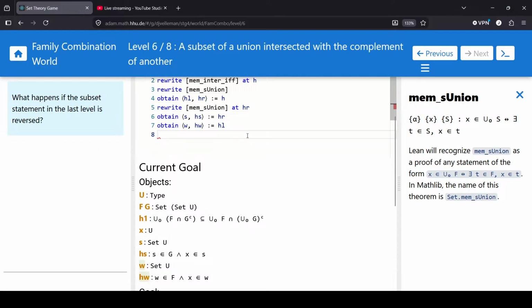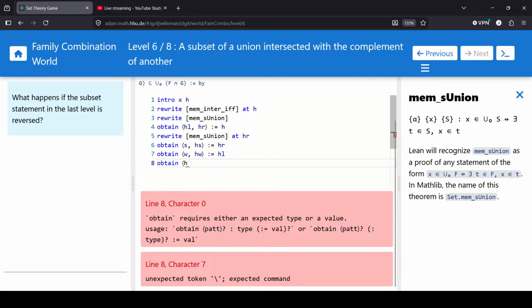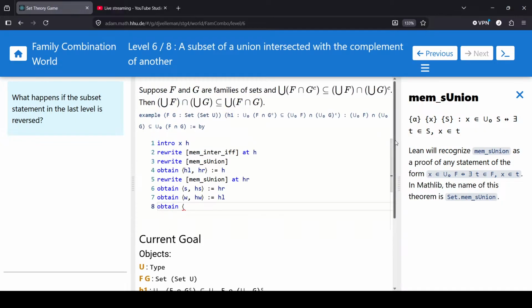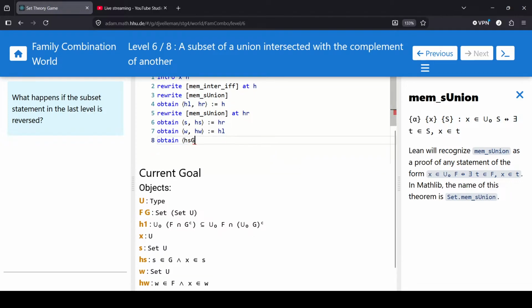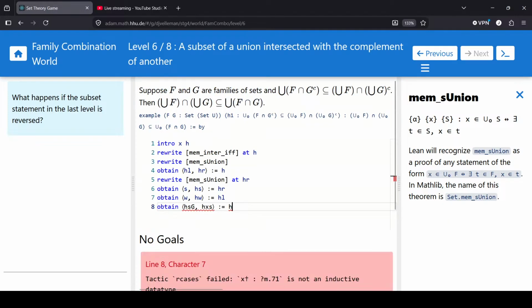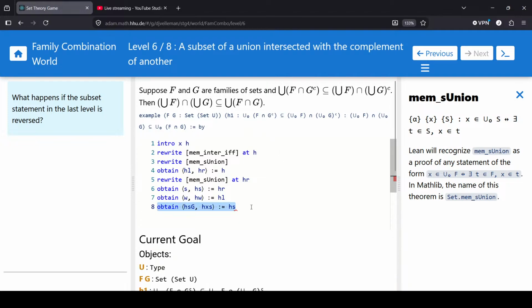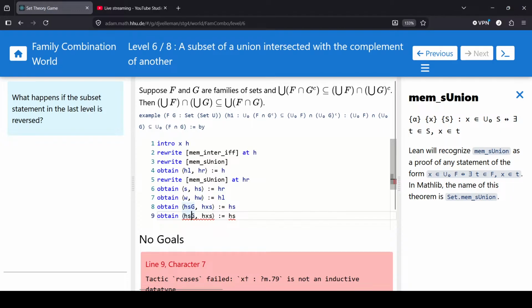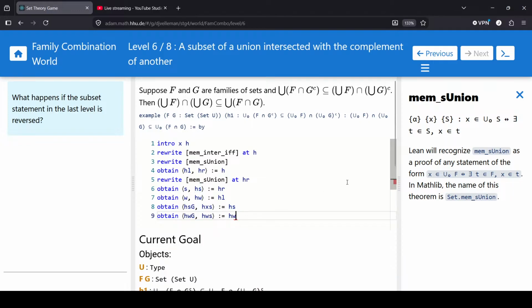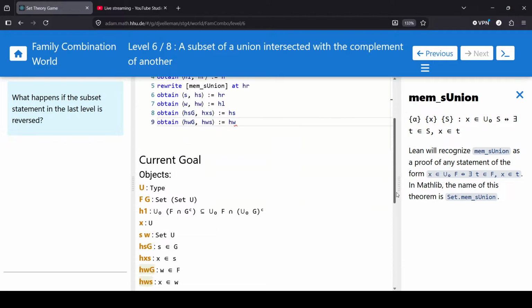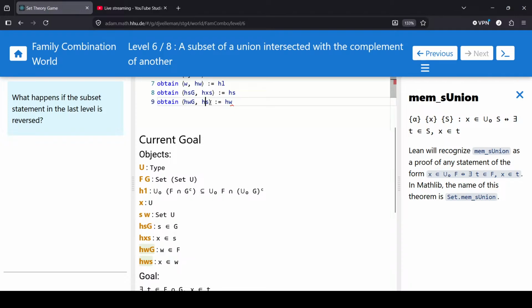HS and HW need to be broken apart. Fine. XW, WF.